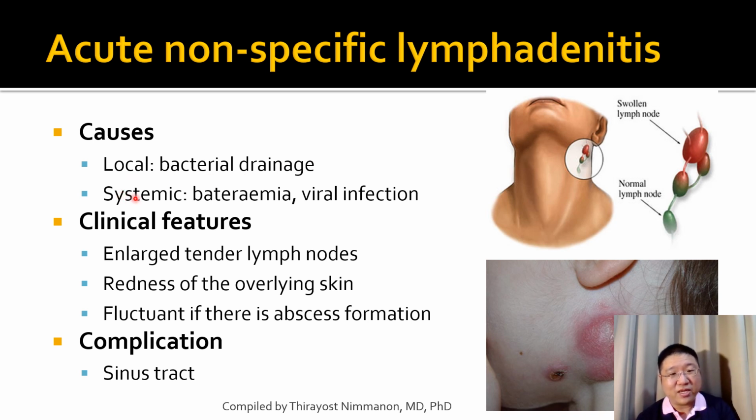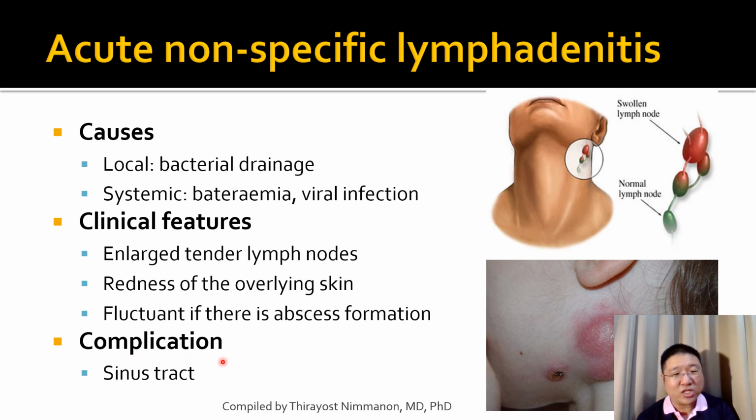In systemic infection, in patients with bacteremia or viral infection, we may be able to observe lymphadenitis as well. The clinical features include enlarged tender lymph nodes, redness of the overlying skin, and fluctuance if there is abscess formation.